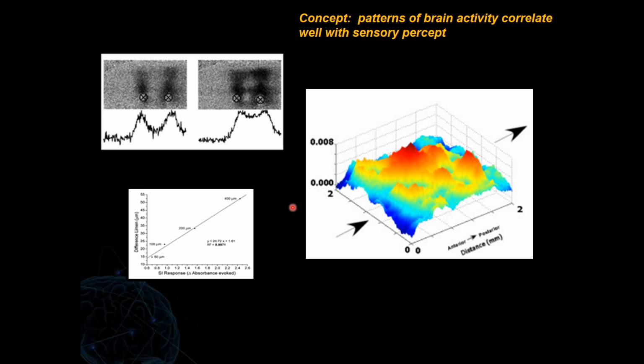And what we did was we started doing a series of experiments where we looked at the different patterns that we saw in the brain in response to different types of stimulus conditions. And we looked at how those different stimulus conditions generate different sensory percepts in humans. Basically, these patterns are very high resolution.